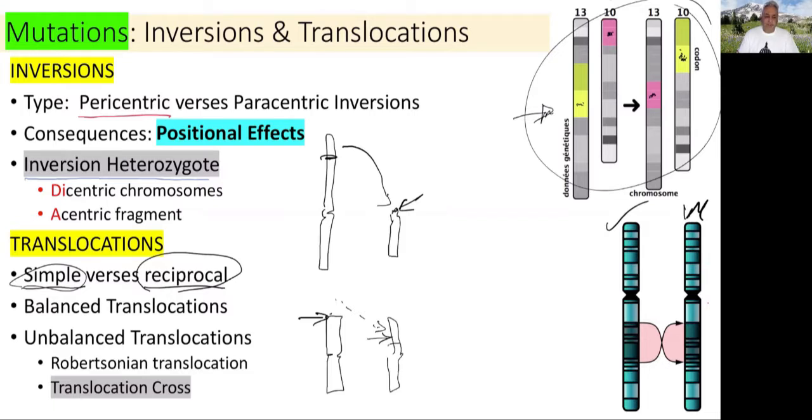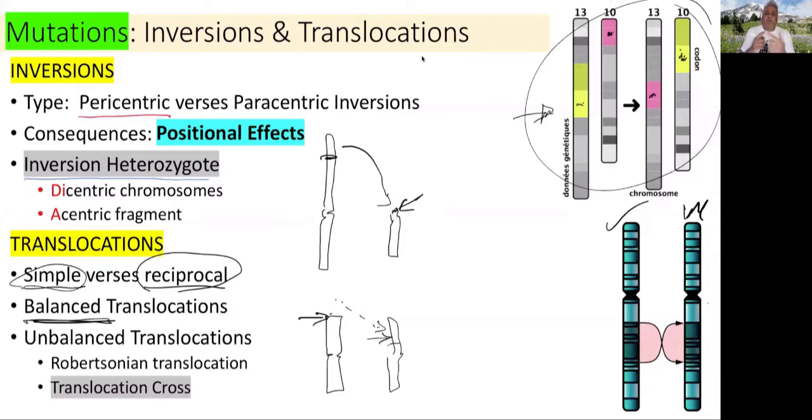So what is a balanced translocation? So we're going to look at that now. A balanced translocation is simply where the total amount of genetic material is maintained between all these maneuvers. So the size of the genome doesn't increase or decrease.